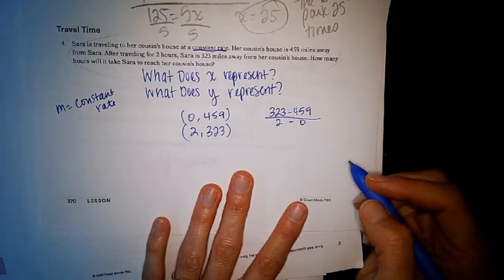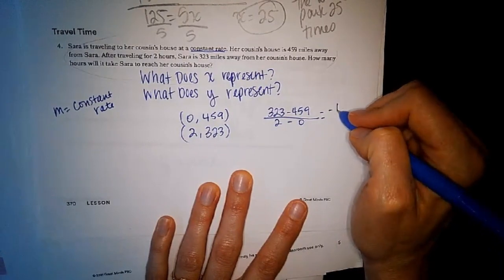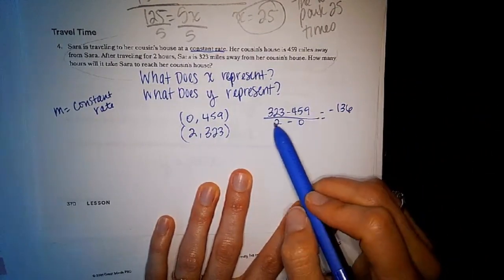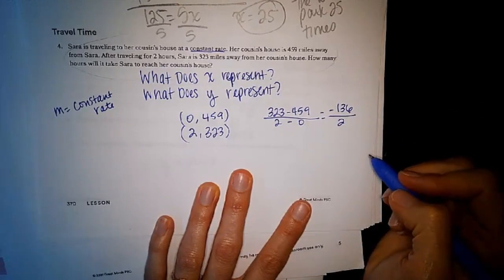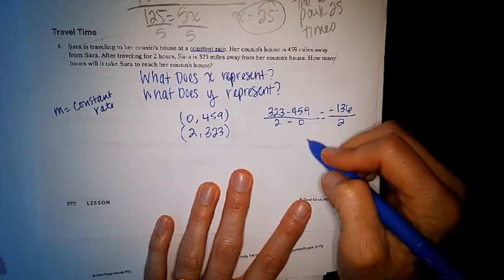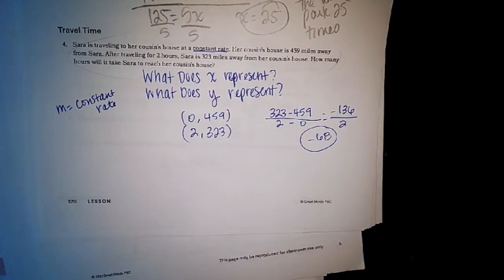Negative 136. And what's 2 minus 0? 2. And what's negative 136 divided by 2? Negative 68. So that means that she's going to be traveling at a rate of negative 68 per whatever, however much time it takes her, right?